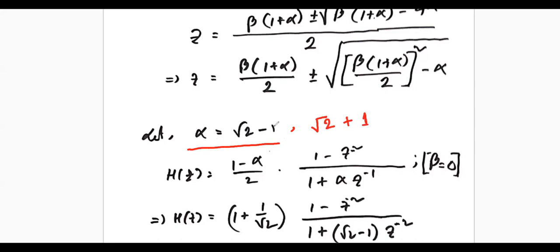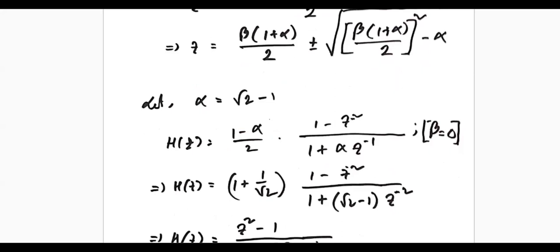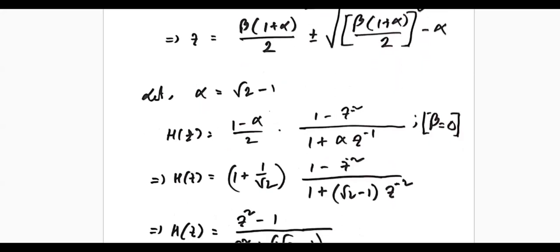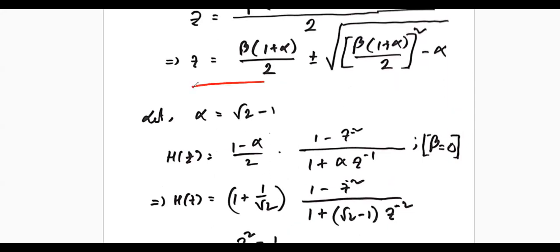So in the first place, we have chosen root 2 minus 1 and put it into that fundamental equation. So you have H(z), put the value of beta equal to 0 and alpha equal to root 2 minus 1.